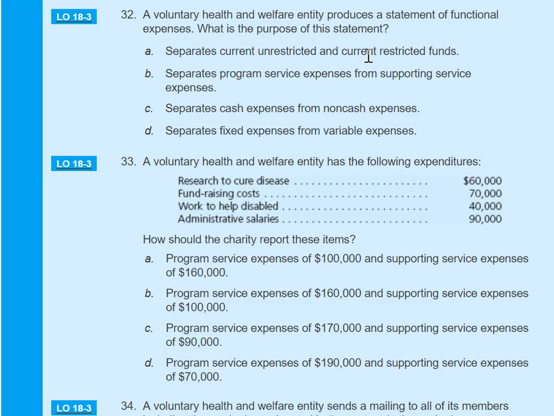But only for certain cases, especially for health and welfare entities, they need to prepare another statement, which is called the statement of functional expenses. This is really important, because they deal with billions of dollars and they have some complex relationship with third-party payers. So they actually need to show all of their expenses very carefully.